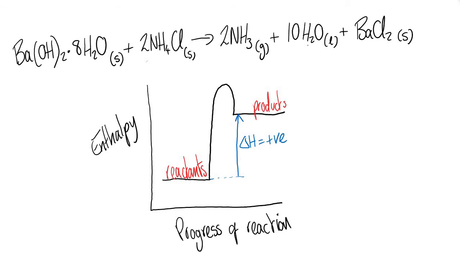So entropy is not just about the distribution of energy of the system, it's also the distribution of the molecules and the way they're arranged in space. It's quite a difficult concept to understand, and I'm not going to go through all the details of entropy here, because it's not required for A-level chemistry.